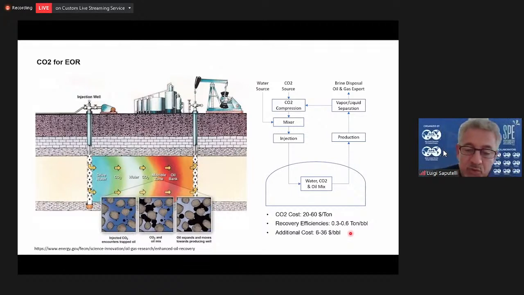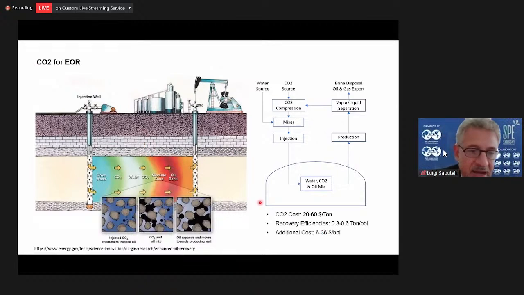You need to add this to whatever cost you originally had in your oil field. As long as the oil price is above all your costs, you will have a profitable business. Now, you say, oh, it's very expensive to do CO2 for EOR because I'm adding this.